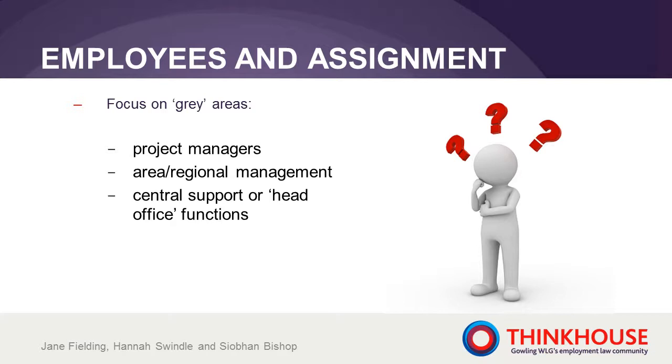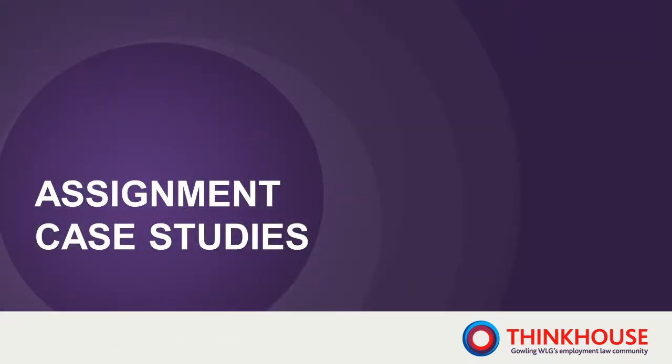So we're now going to look at three case studies to illustrate how you apply these principles in practice, and after each one we're going to invite you to take part in a poll to say whether you think the individual in question is assigned or not. So the scenario is that a provider has won a contract to provide IT services to a client, and it's a second generation outsourcing, so there is an incumbent provider, if you like, who's just lost the contract.